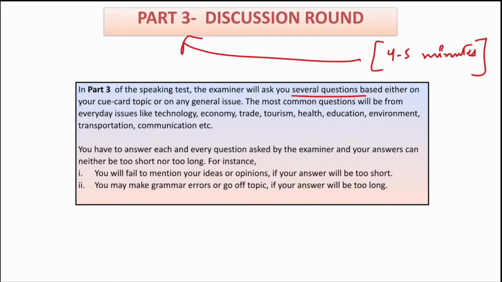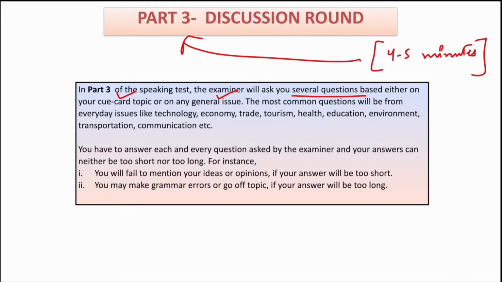Now here the questions will be based on either the Q card topic or any general issue. For example, in the previous lesson, we discussed two questions in the Q card round. The first one was to talk about a gift which you received lately. The second was to talk about the person whom you love, admire, or something like that.